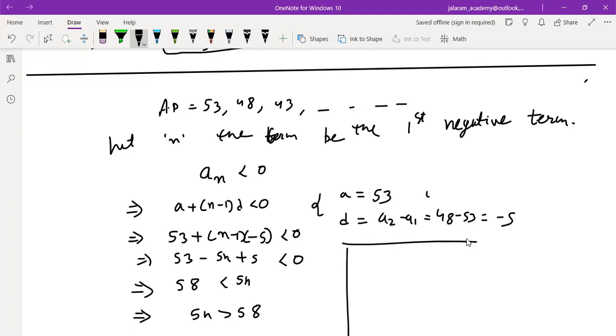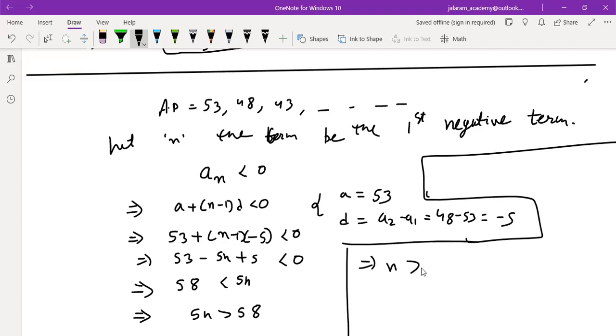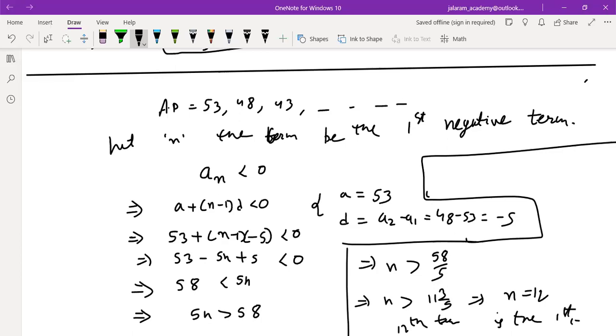Is that clear to you? Yes, sir. n is greater than 58 by 5, n is greater than 11 whole 3 by 5. It implies n equals 12. This 12th term is the first negative term. Understood? Yes, sir.